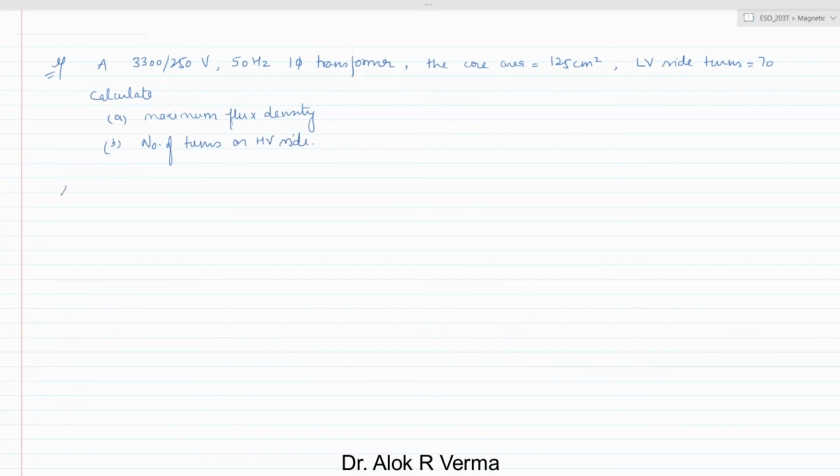Given that E1 is nothing but 3300 volt and E2 is nothing but 250 volts. Frequency is given as 50 Hertz. Area of the core is given as 125 centimeter square, which turns out to be 125 into 10 to the power minus 4 meter square.